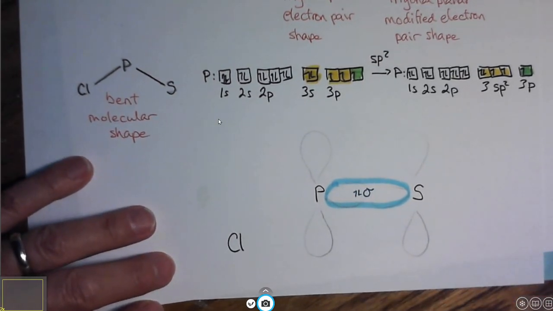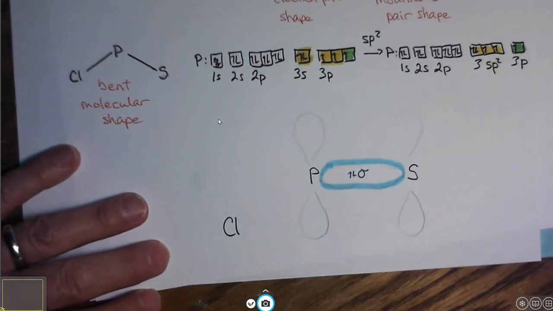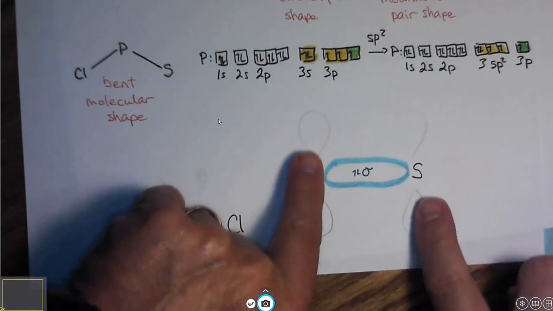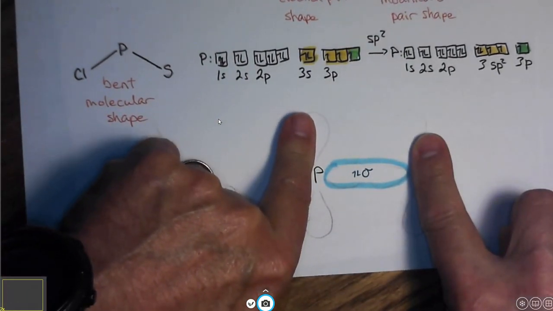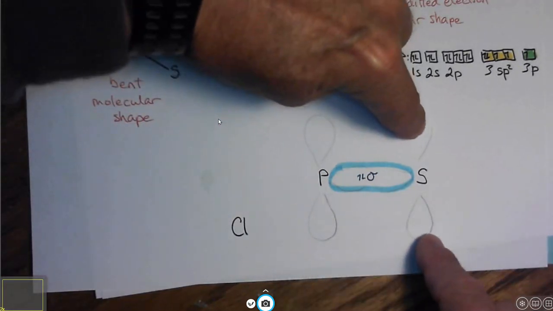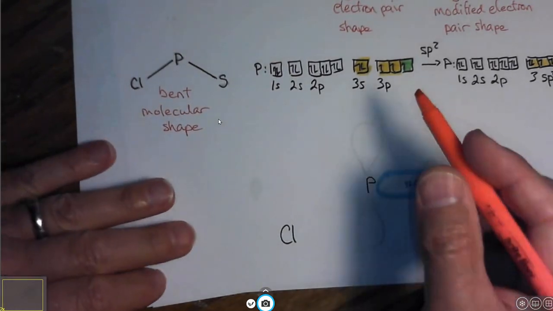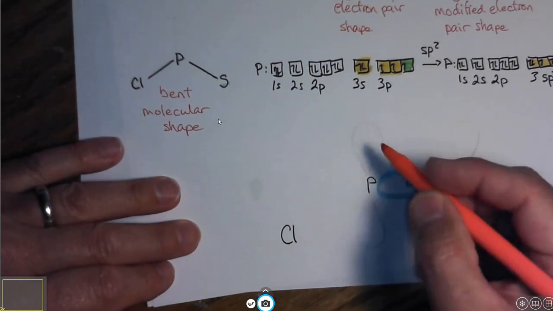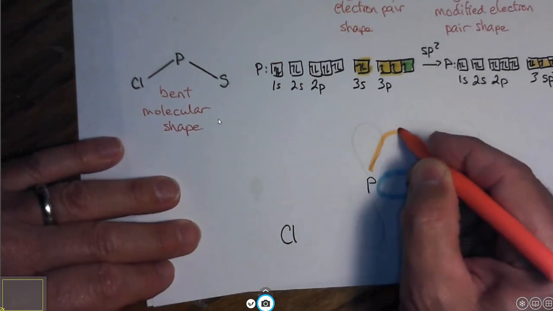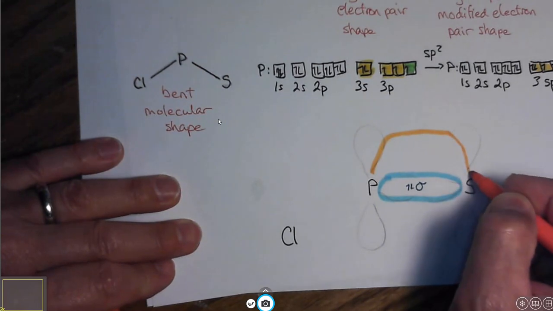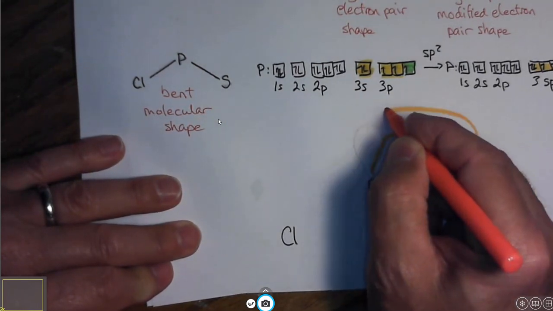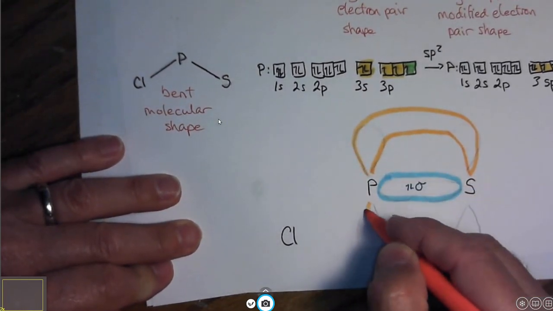All right, so we got two p orbitals, and these p orbitals are parallel to each other. The resulting pi bond is going to be parallel at 90 degrees to those. Okay? So let's see here. The pi bond then is here and here.